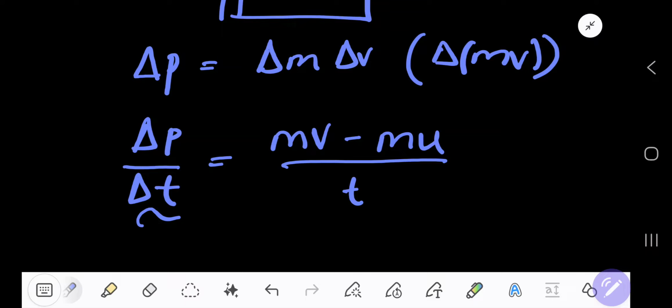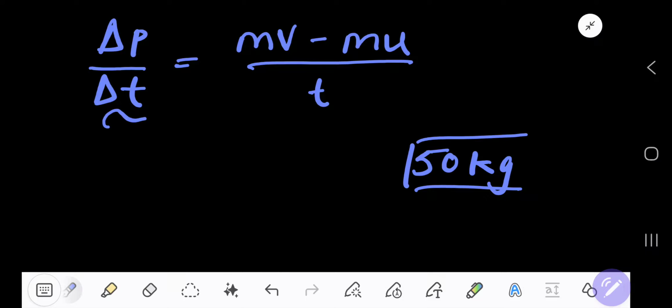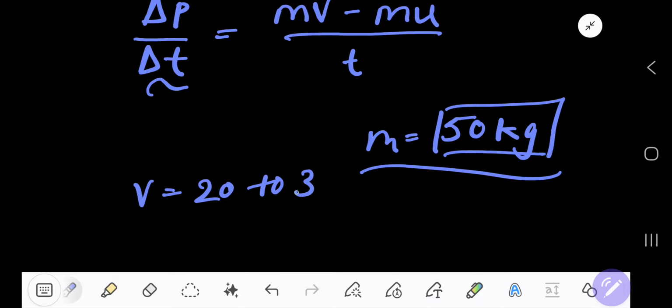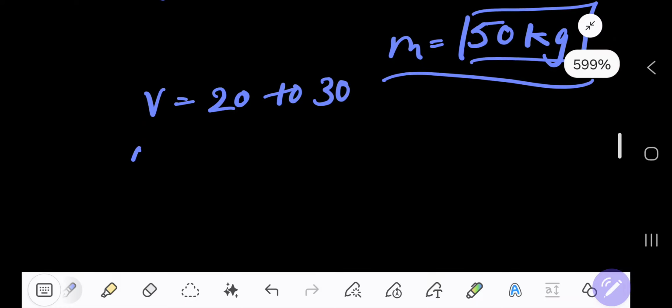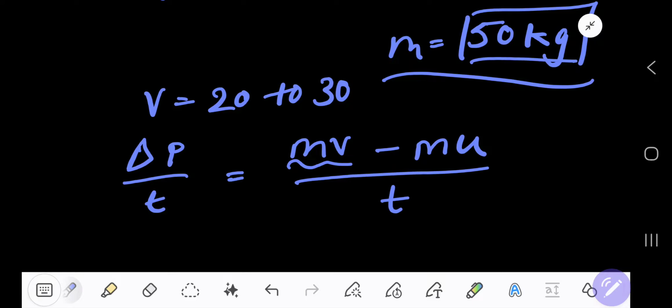What does this mean? Supposing that the mass of the body is constant, suppose you have a mass of 50 kg, and the velocity of the body is changing from 20 to say 30. So the change in momentum would be equal to m times the final velocity minus m times the initial velocity, divided by time.